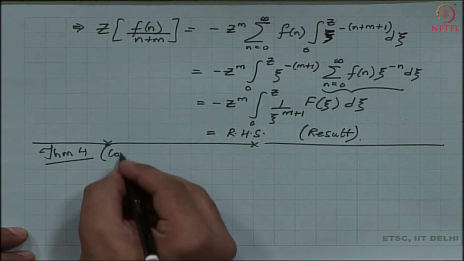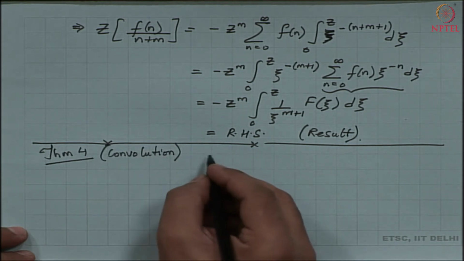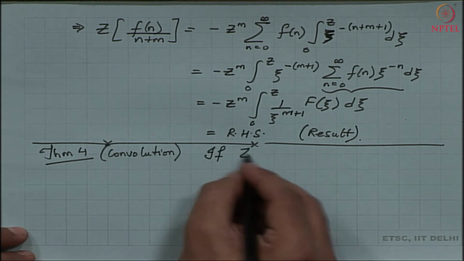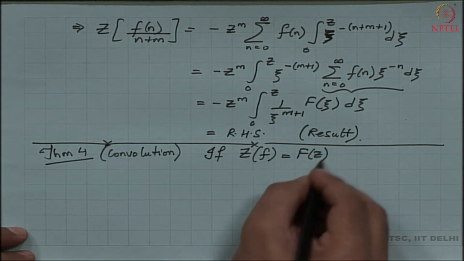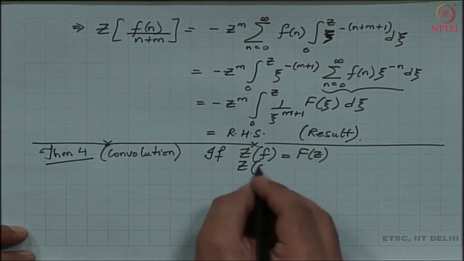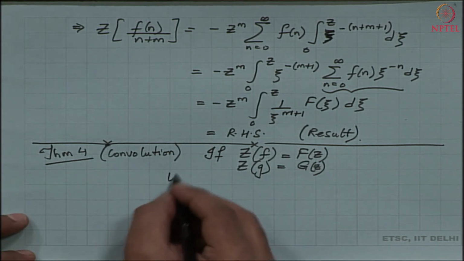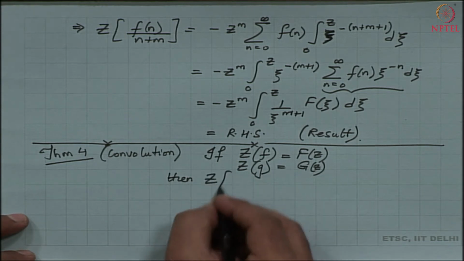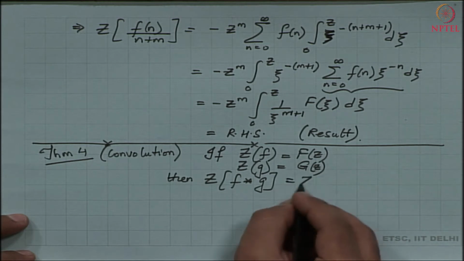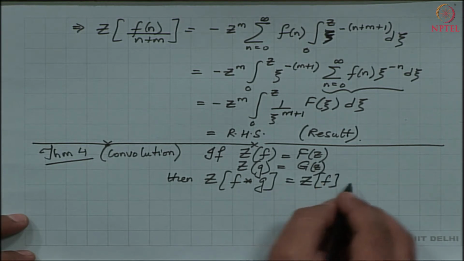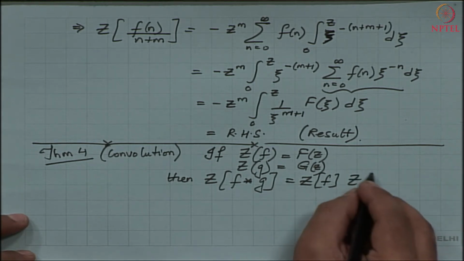The convolution tells me that if I am given the z transform of two functions, let us denote them by capital F and capital G, then the z transform of the convolution of f with g is the z transform of f times the z transform of g.